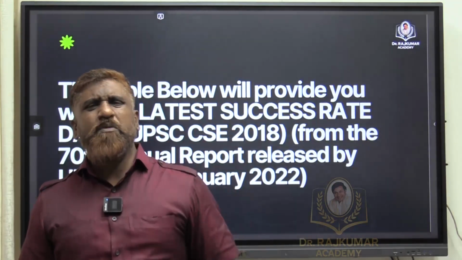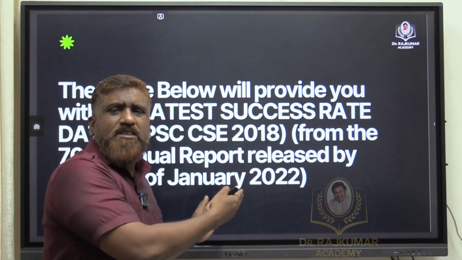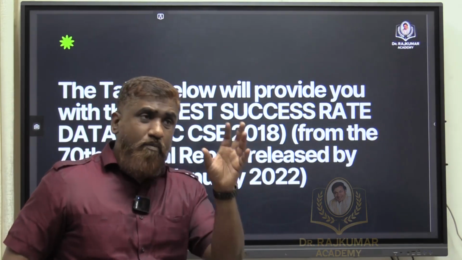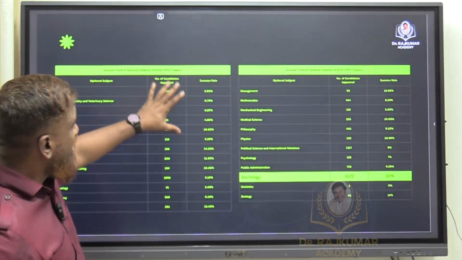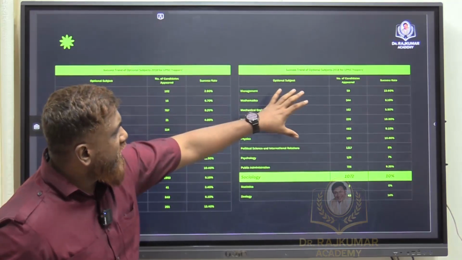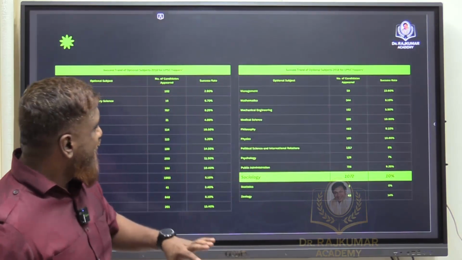Why should I see the UPSC trend, sir? UPSC themselves have published, for each year, how many people from which subject cleared. This is all UPSC data from the UPSC website. If you see, the success rate for sociology won't be less than 10%.